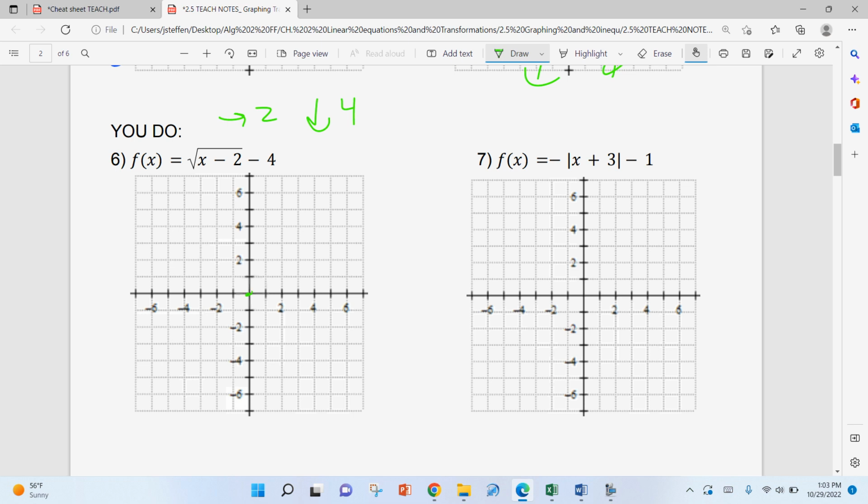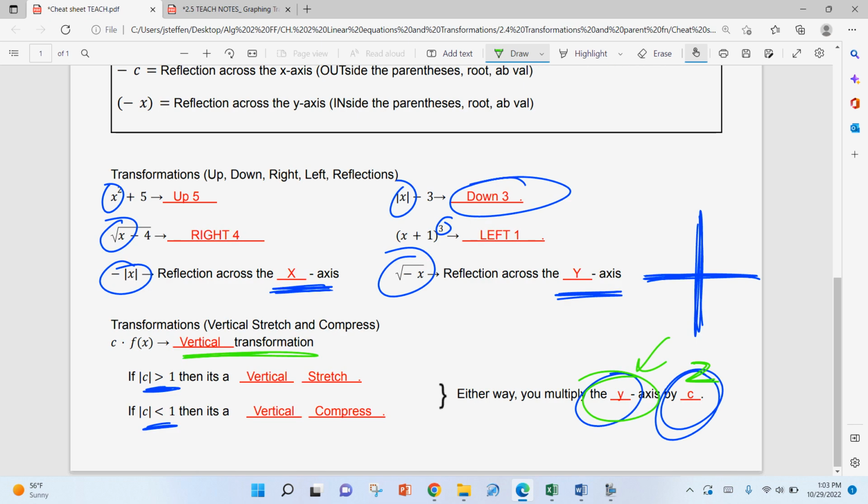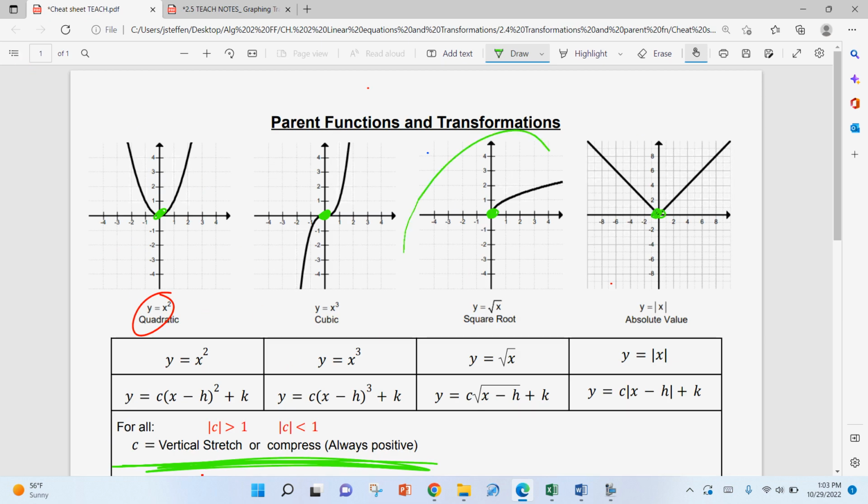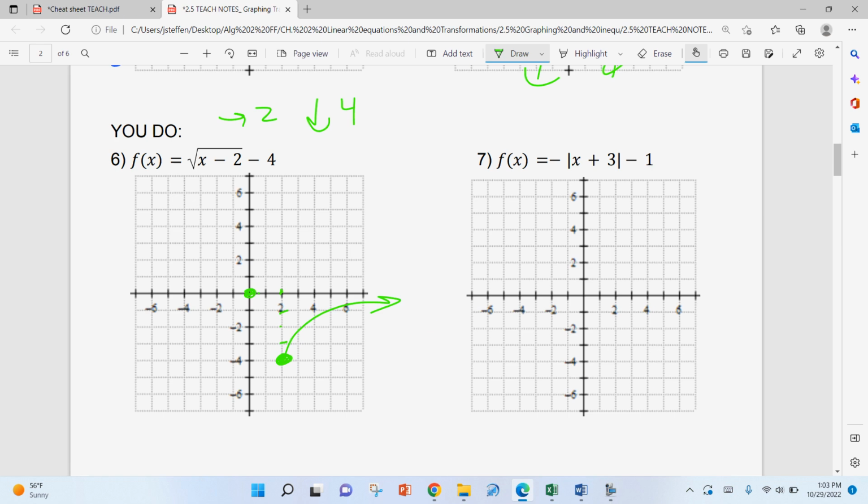So to the right 2, starting at 0, 0, down 1, 2, 3, 4. And this is a square root, so it goes that little hook to the left. And the good news is you don't have to memorize that. That is on this cheat sheet you can use on the test. I'll also include a formula sheet on the test as well.